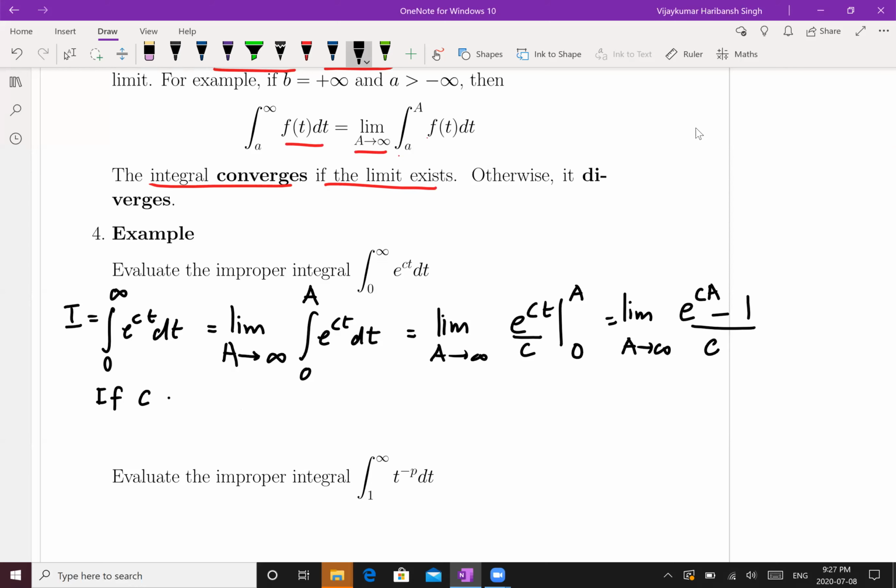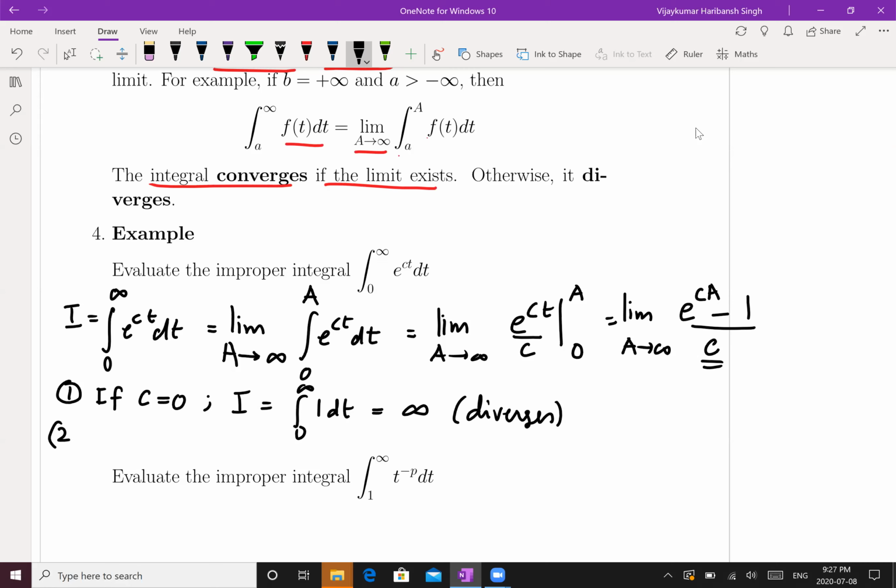I will first deal with case 1. If c equals 0, then I cannot divide by c, so I should look at the start. My integral I is the integral from 0 to infinity of e to the power ct, and with c being 0, e to the power ct becomes 1, so 1 dt, which is infinity, so it diverges.